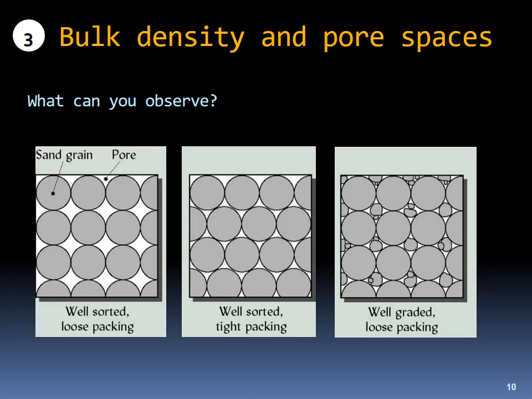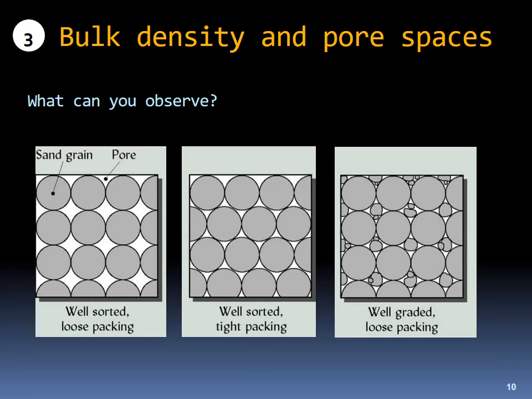In the third case, you have a combination of the rounded particles and also smaller particles. And in this case, you would see that the space is even more occupied. Why? Because the spaces between the larger particles are filled with the small particles. So in this case, you have more particles in the third scenario.